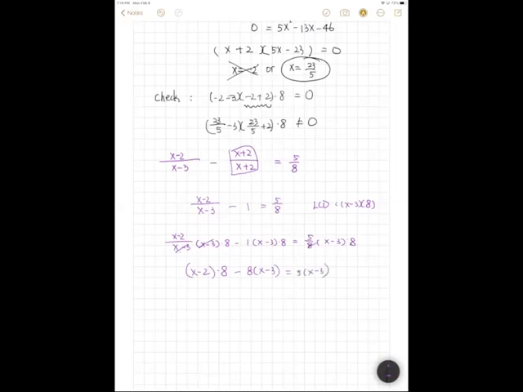Okay, so then we distribute the 8 inside: 8x minus 16, subtract 8x minus 24, equals 5x minus 15. Remove the parentheses and change the sign, plus 24, equals 5x minus 15.